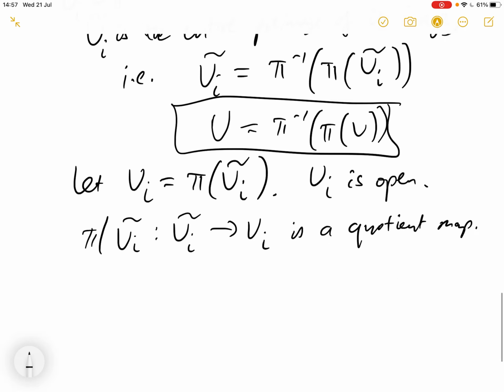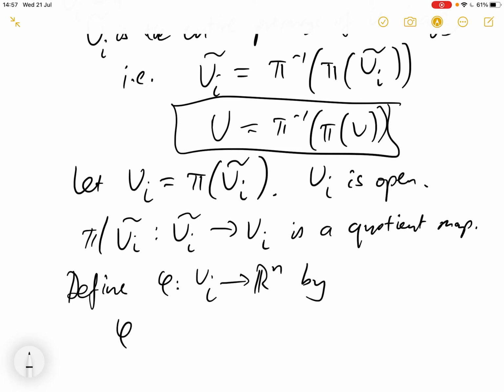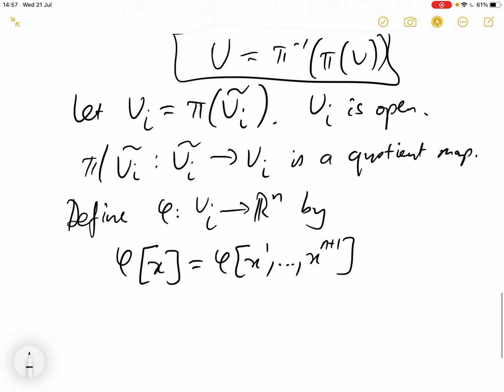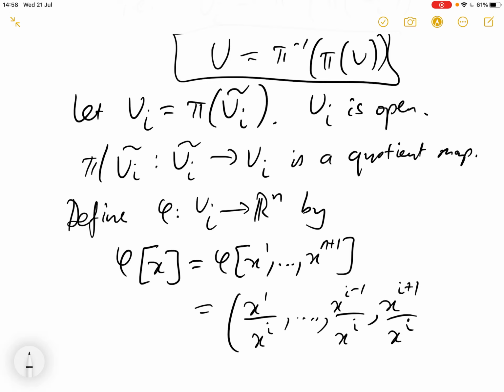And so now we define a map phi from U_i to R^n by phi of the equivalence class of x, which in coordinates is x_1 up to x_(n+1), defined by x_1 over x_i, all the way up to x_(i-1) over x_i, and then we omit the term with x_i and keep going.